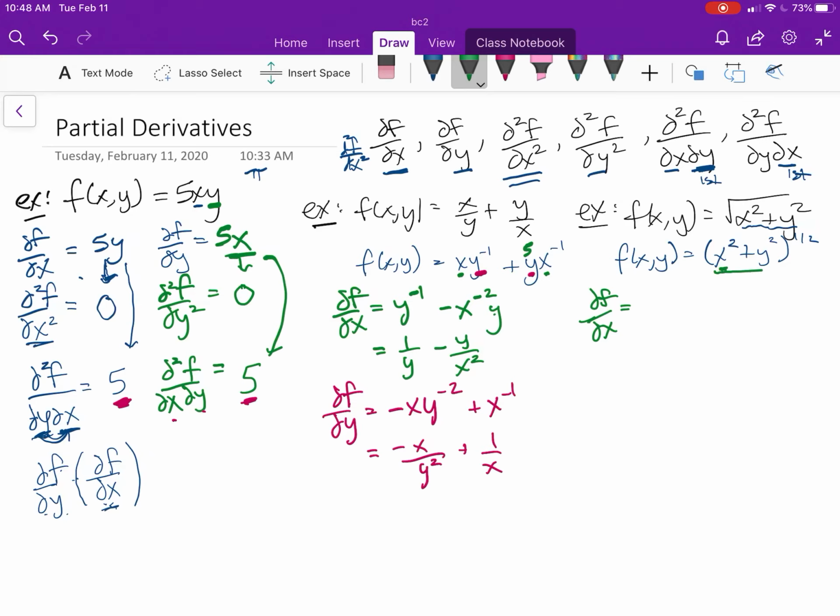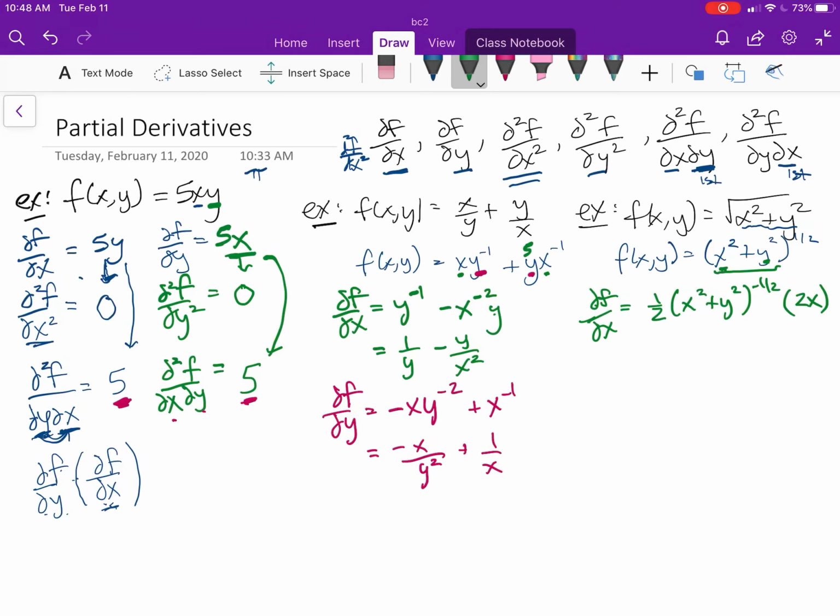Remember, you treat this entire thing like it's the variable. We bring down the 1/2, leave all that inside stuff alone, subtract 1, and then multiply by derivative of the inside, which is only 2x when we're talking partial f partial x. Because remember, y is just some number, it's some constant. That derivative is 0.